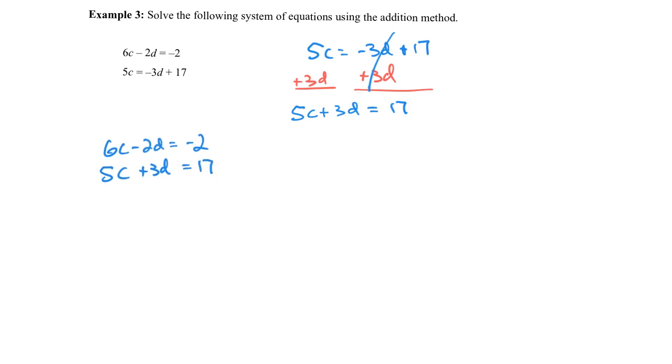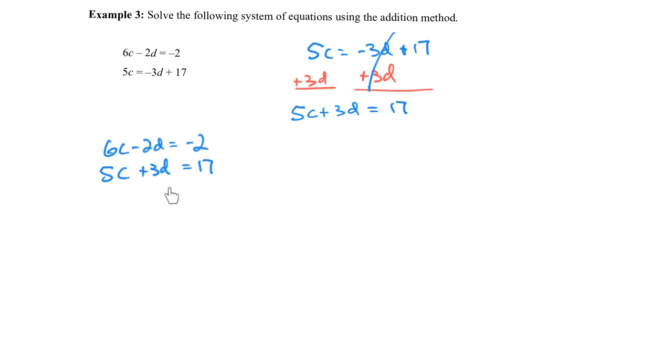So in this example, we have kind of like the worst case scenario. We don't have a number, or at least an integer, that I can multiply the 5 by to turn it into a -6. And same thing here, or the 6 turn into a 5. Like if this would have been a 4, this were 4D, well, I could just multiply this by 2 and it'd be -4D.